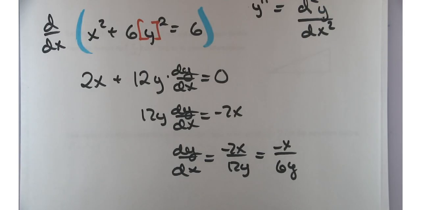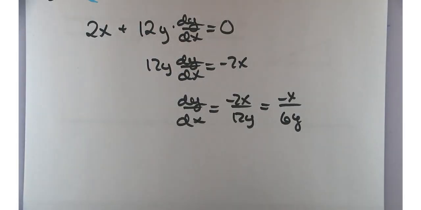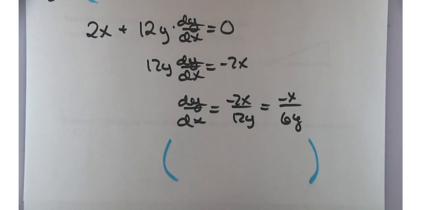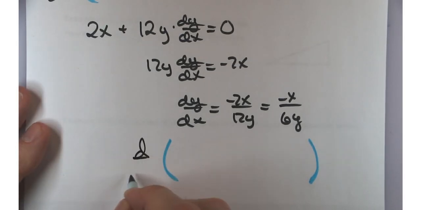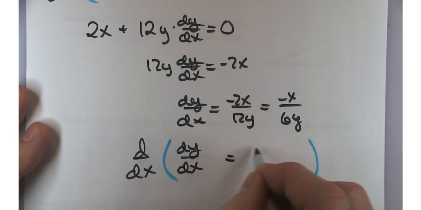I'm trying to think if there's anything clever and tricky we can do here. I'm not seeing anything. So, all right. Let's work on calculating the second derivative then. So again, you're going to take the derivative d by dx of dy by dx equals negative x over 6y.